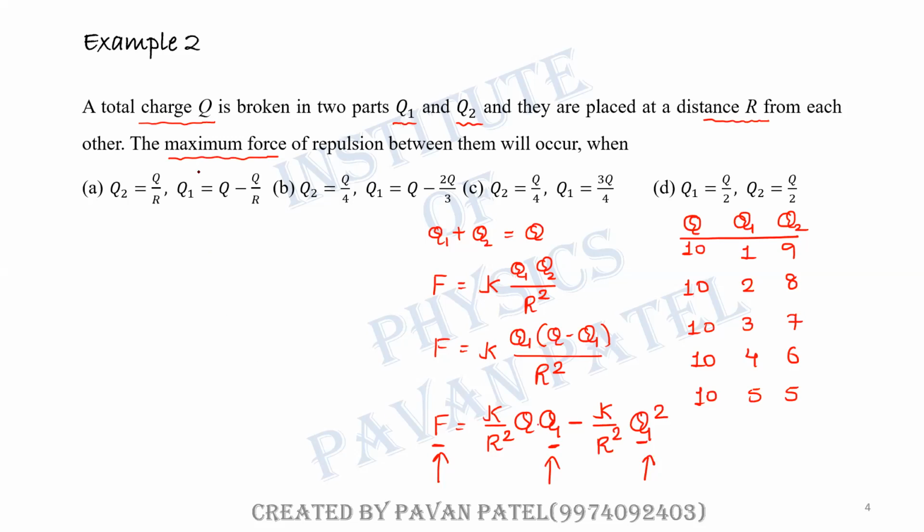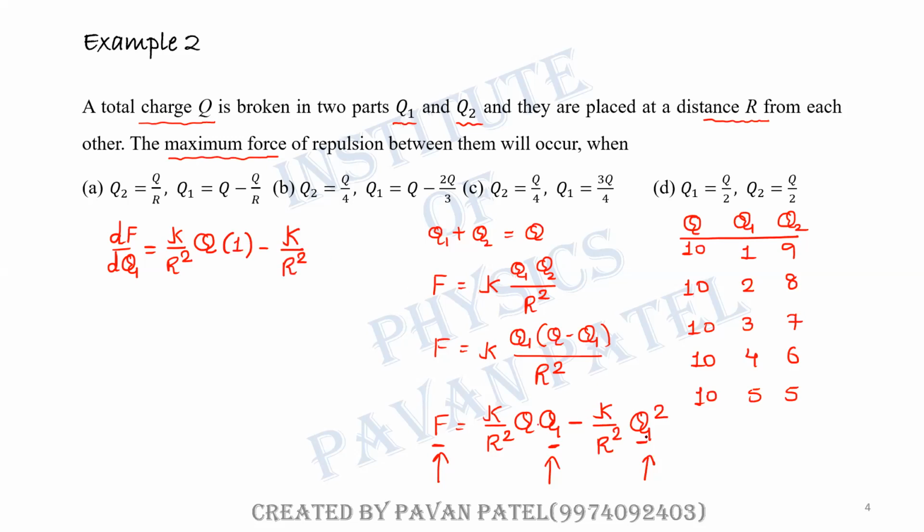So what we are doing here is a differentiation of F, that is dF divided by dQ1, and that value is K divided by R square, constant, Q is constant, the differentiation of Q1 with respect to Q1 is 1, so that's 1, minus K divided by R square.